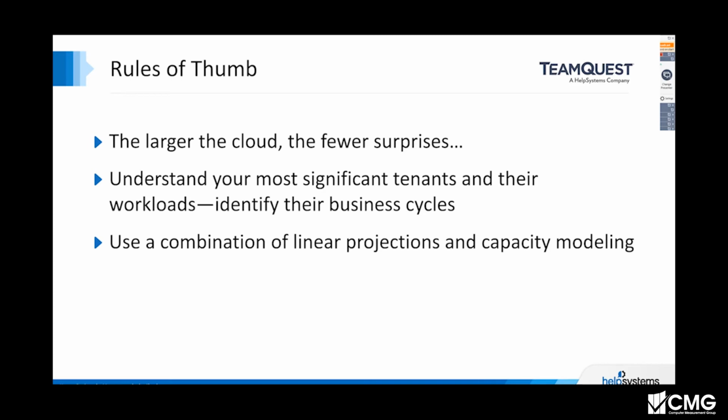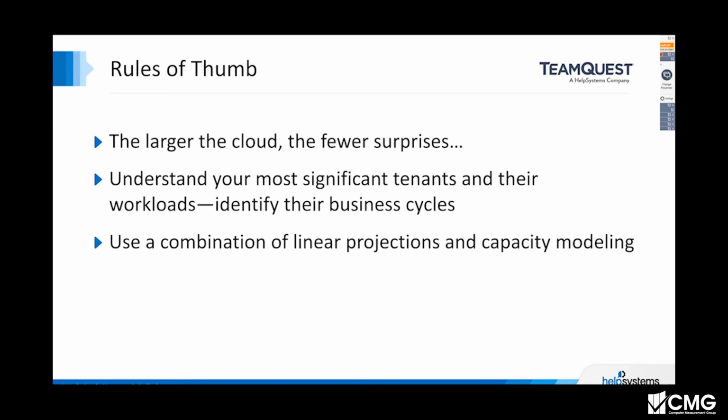If you have a small private cloud with just a few tenants and a few workloads running, of course, any change to that will have a major impact. So the larger the cloud gets, the less you need to care about specific events. You can pretty much rely on trending, looking at the organic growth of the cloud and assume that it is going to continue to happen.